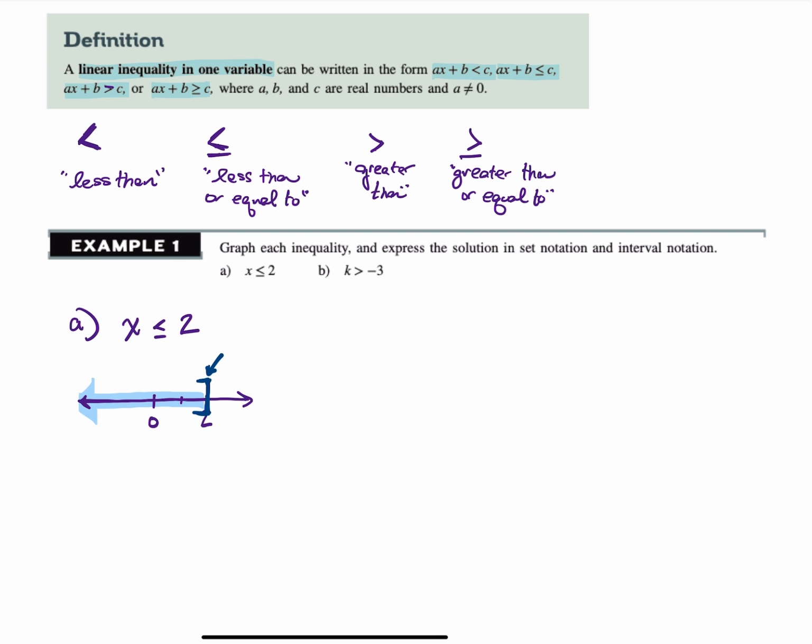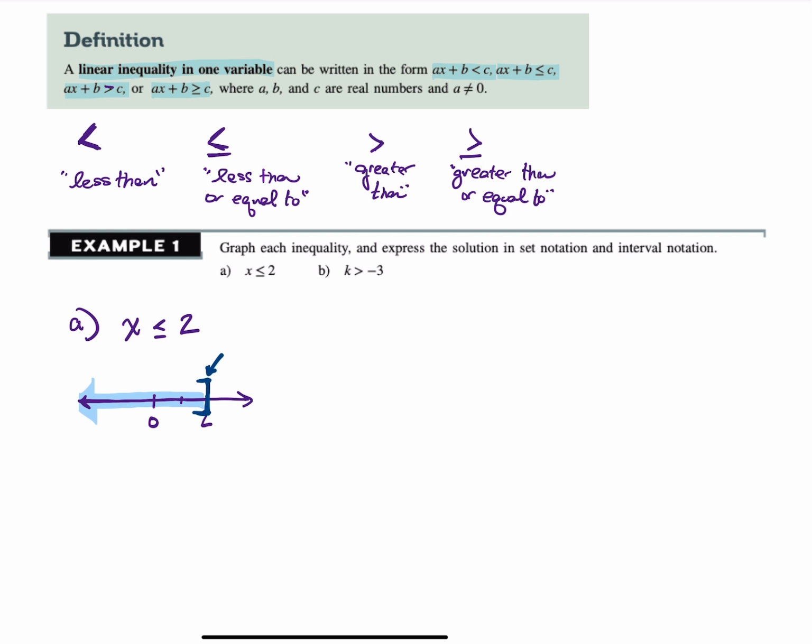I'm going to use this bracket notation just because I think that's what the homework questions would show as your options in terms of submitting your result. But it could also be represented as a filled in dot or an open dot if it was not equal to. So that would be the graph form.